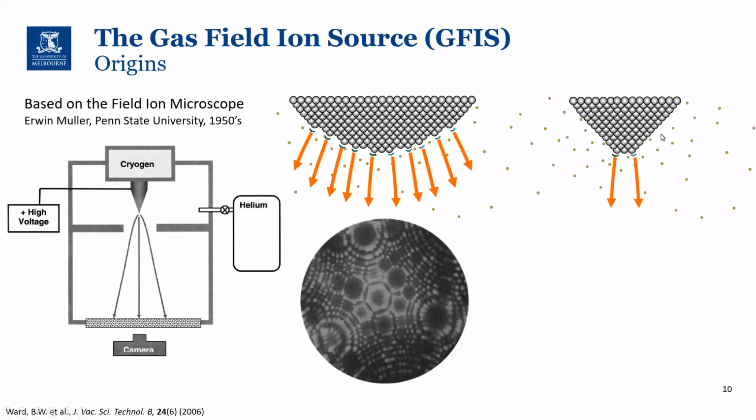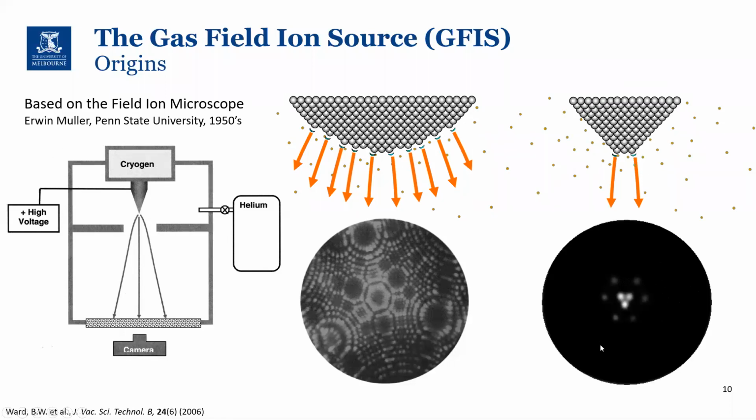And indeed, if you create a sharp enough tip such that you have only 3 atoms on the very end, then you can get a beam of 3 helium ion beams coming from the tip with some small beamlets around the outside as well. This here is what we call the trimer, or rather these 3 atoms right in the center, this is the trimer. So we're getting 3 beams coming from the end of a source that we can then use to scan across a surface and create an image.